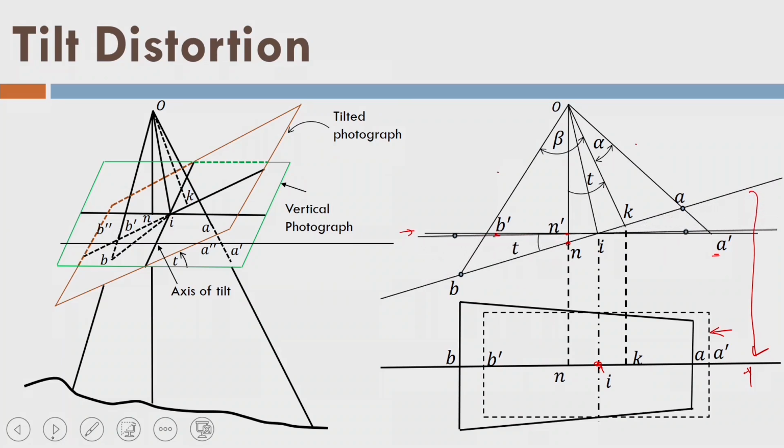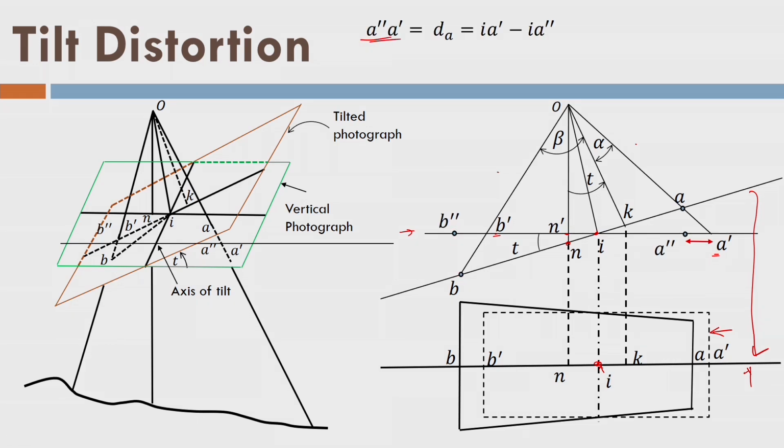So, let us rotate the tilted plane to match with the vertical plane, or match the tilted photograph with the vertical photograph like this. Because of the rotation, the distance from point I to B is equal to I. So, this distance A dash A is equal to dA, that is the tilt distortion in point A. This is the distortion you can see here, and it is equal to I to A dash minus I A dash.